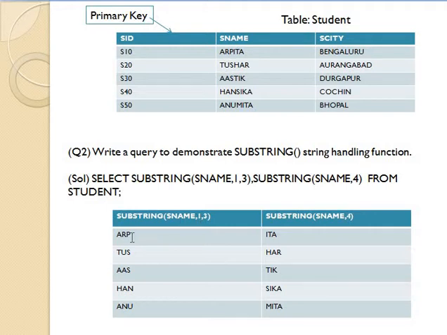So this gives ARP, since A is the starting letter, and if I extract 3 letters out of this entry, so for this entry Arpita starting from the first letter and extracting 3 letters gives ARP. Okay, let me highlight it. And this part of the entry gets displayed in the output table here.